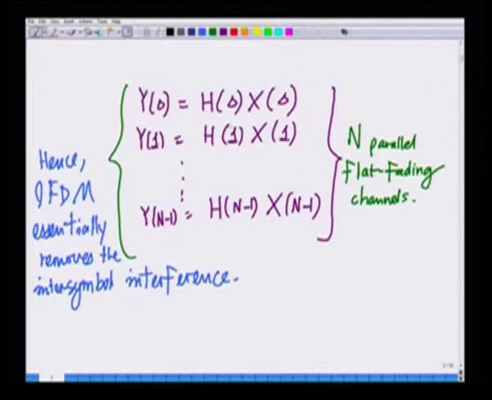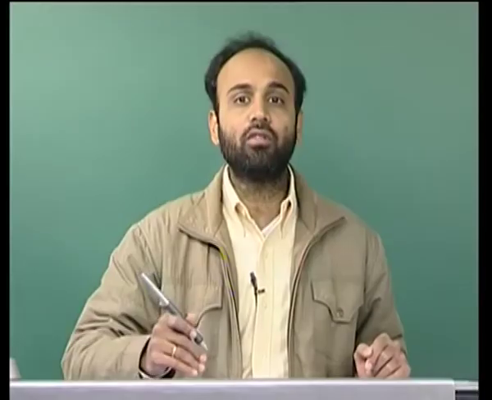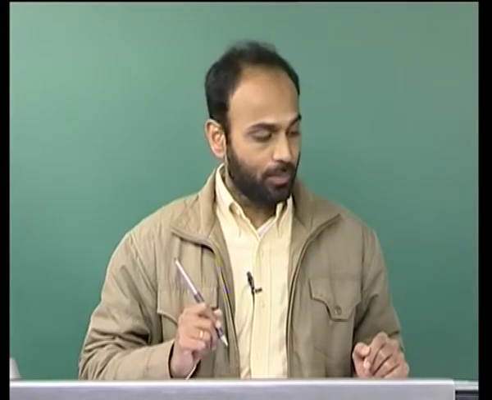Similarly, Y1 equals H1 times X1, so on and so forth. In general, Yk equals Hk times Xk across the kth subcarrier, and so on we have until Yn minus 1 equals Hn minus 1 times Xn minus 1, that is a total of n subcarriers.